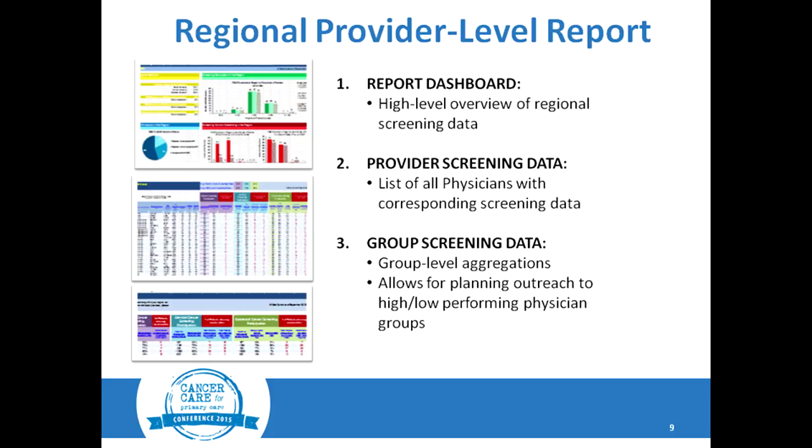We need permission if it's not going to be anonymized. Each individual physician in that group would have to give permission for the data, but it's been used to help planning for outreach for high and low performing physician groups, and also within each family health team if they want to try and find out what's going right, what's not going right.